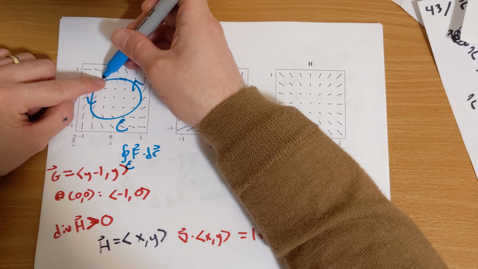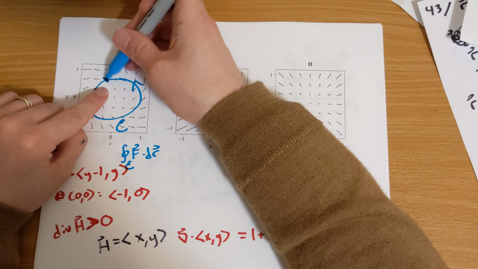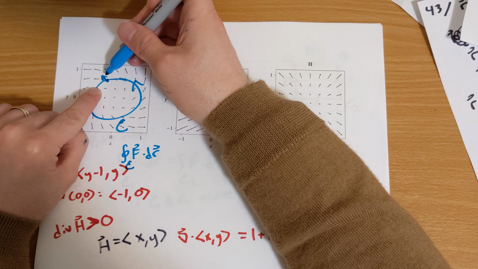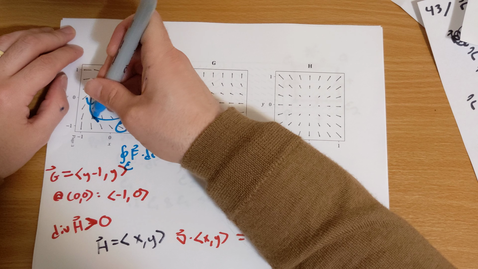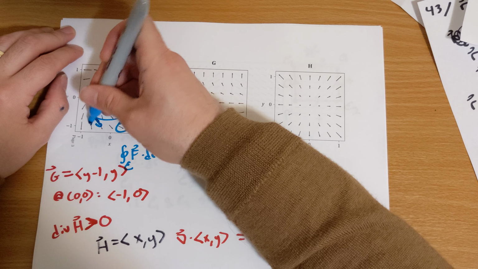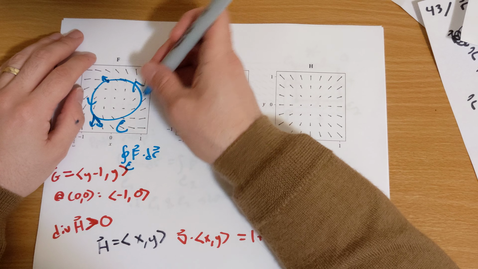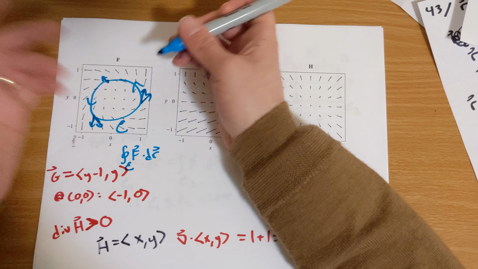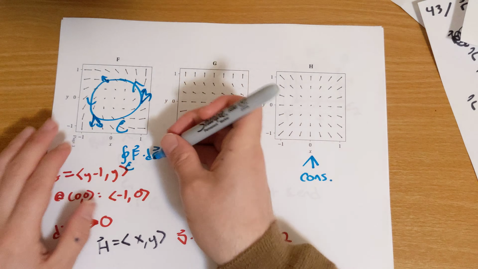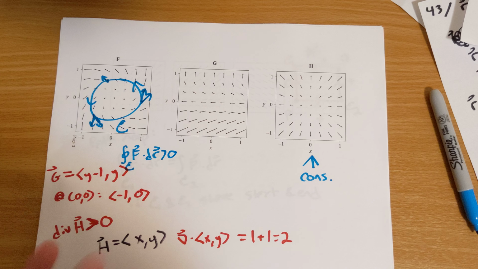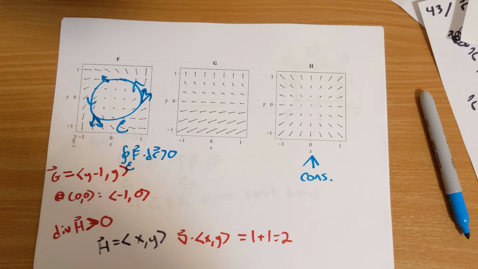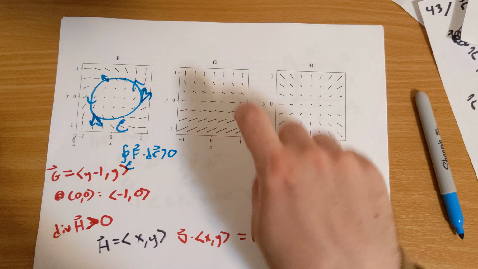Right there, that vector and the direction vector give a positive dot product. Right here, there's a direction vector, there's the vector field, positive dot product there, and there positive dot product. So that shows us that this will be positive. It's not 0. F isn't conservative.